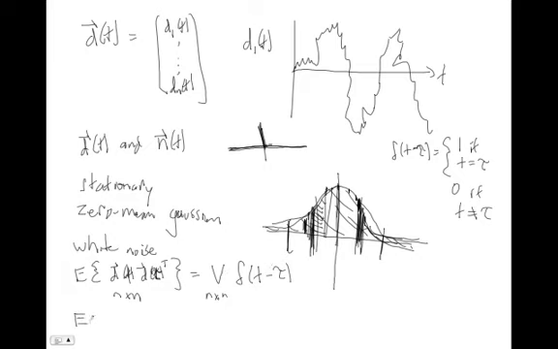Then we do the same thing for the noises. We say the expected value of our noise, n at sample t times n at time tau transpose, which is a big q by q matrix, is equal to W times the Kronecker delta. So this is a big q by q matrix that looks very similar to this.